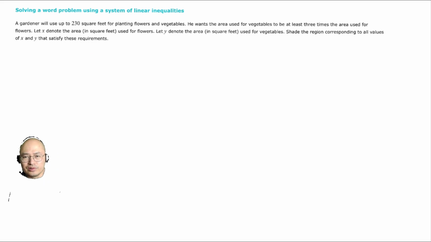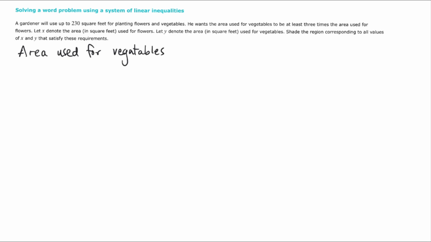The first thing you want to do in any word problem is probably read it several times. Then once you're ready, translate the English into a mathematical symbol. Why don't we do that? Let's say the area used for vegetables, that's spelled with an E, is actually y.